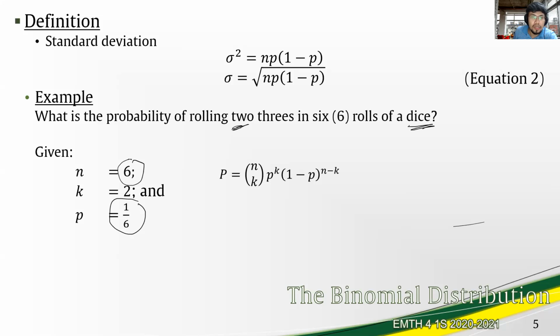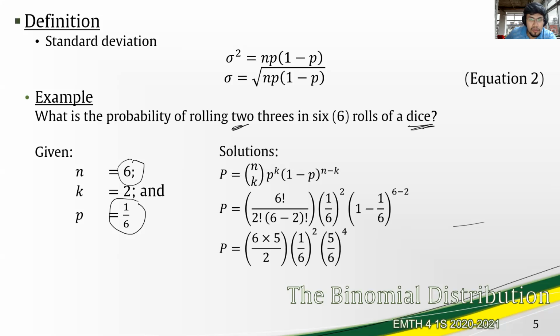That would be 6 factorial over 2 factorial times 6 minus 2 factorial, times 1 over 6 raised to 2, which is k. And we have 1 minus 1 over 6, raised to n minus k, which is 6 minus 2, which is 4, right?